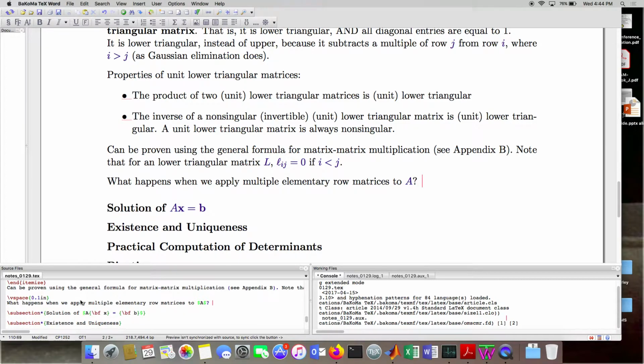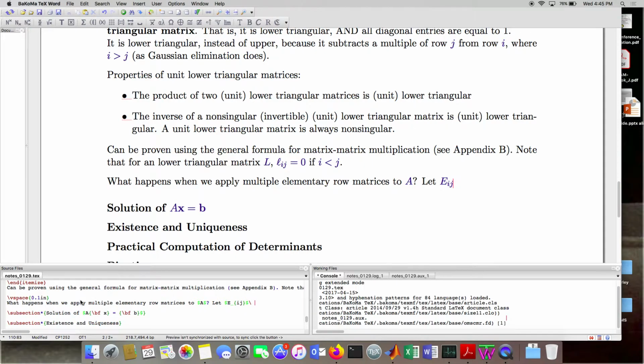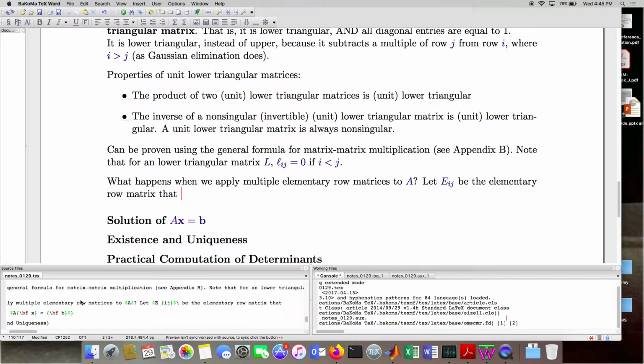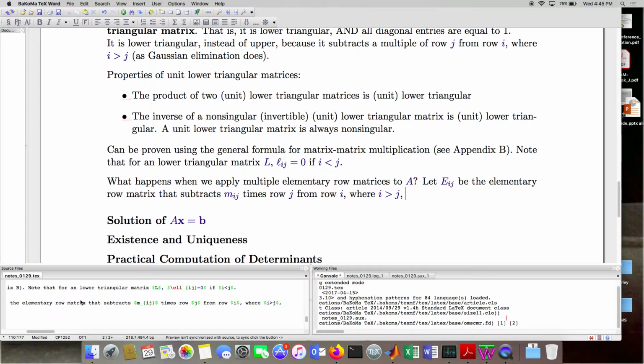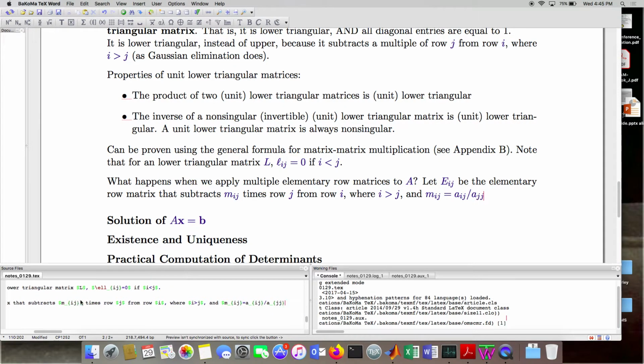I'm going to define E_ij to be the elementary row matrix that subtracts m_ij times row j from row i, where i is greater than j, and m_ij is given by a_ij over a_jj.